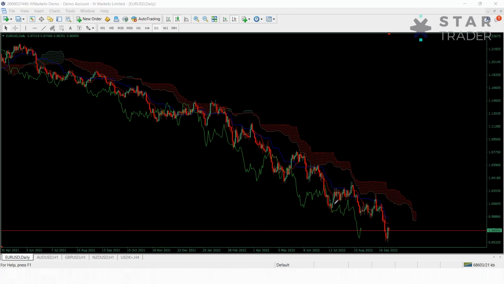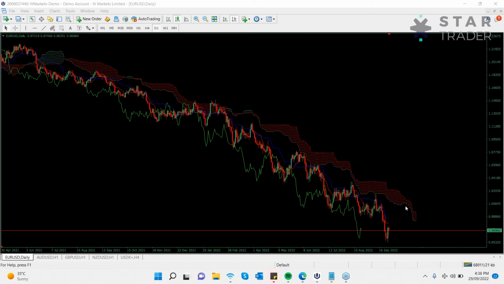For example, if the trend is bearish and your Kijun-sen and this conversion line are above the market, and your Chikou span is below the market, it means you currently have a strong bearish trend.